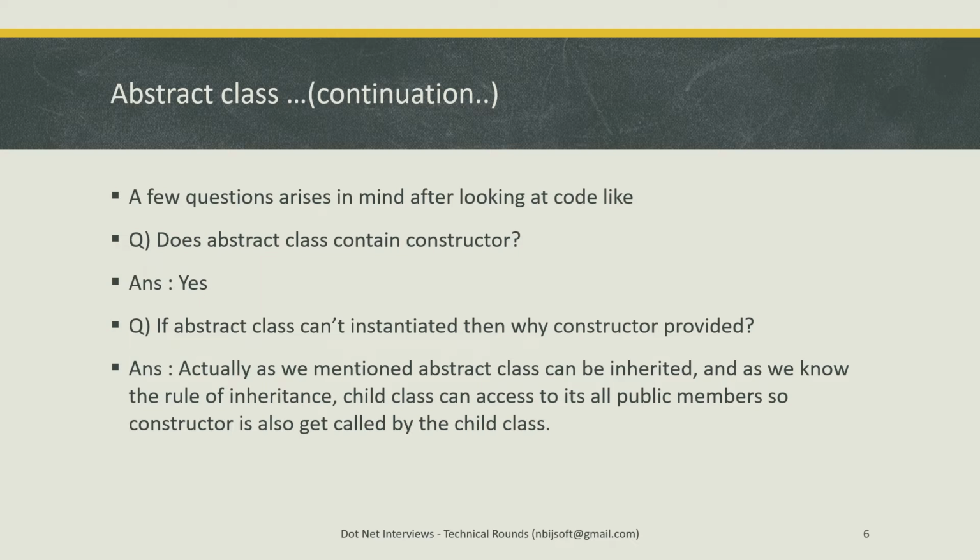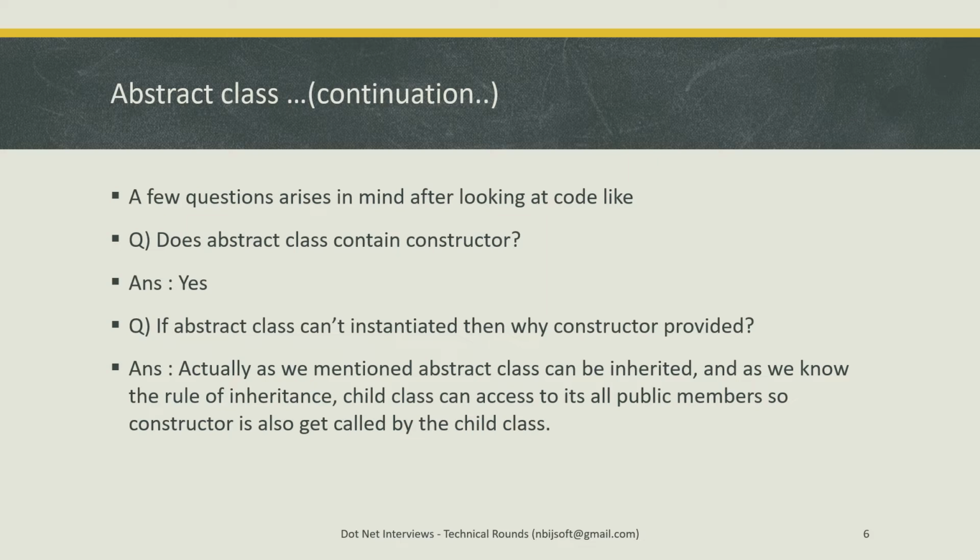During the interview, whenever you describe each and every concept of the abstract class, the interviewer asks, does an abstract class contain a constructor? Definitely it has. Again, he will cross-question you: if an abstract class can't be instantiated, or we cannot create an object of it, then why is a constructor provided?